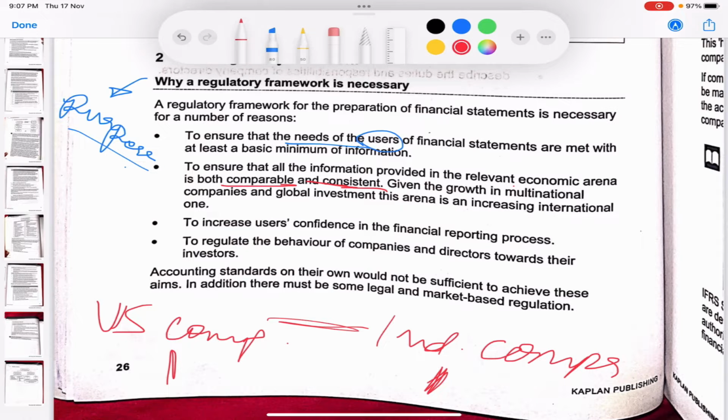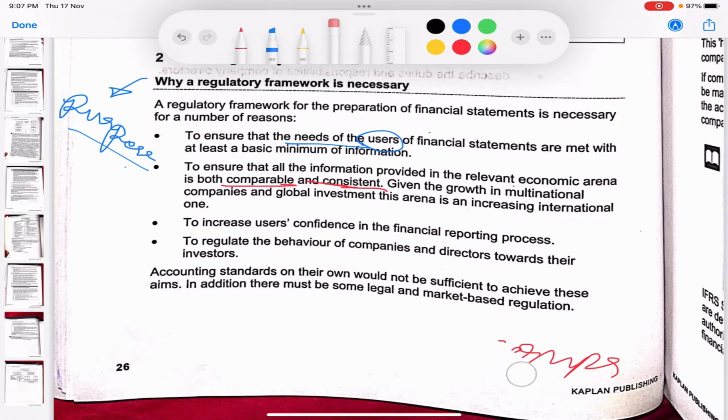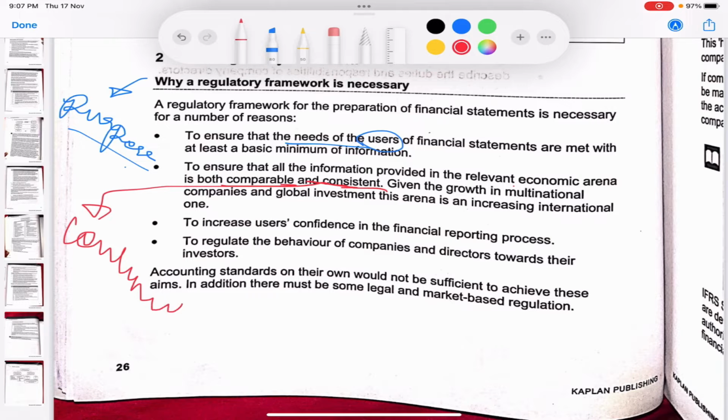Only then will I be able to compare them, which is why they need to be comparable in nature. The second one is consistent. Consistent means continuous, so you have to maintain the financial statements regularly so that there is a sort of consistency.